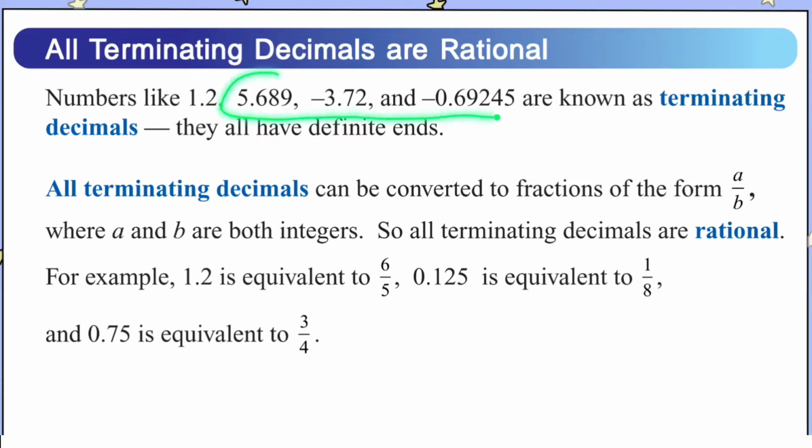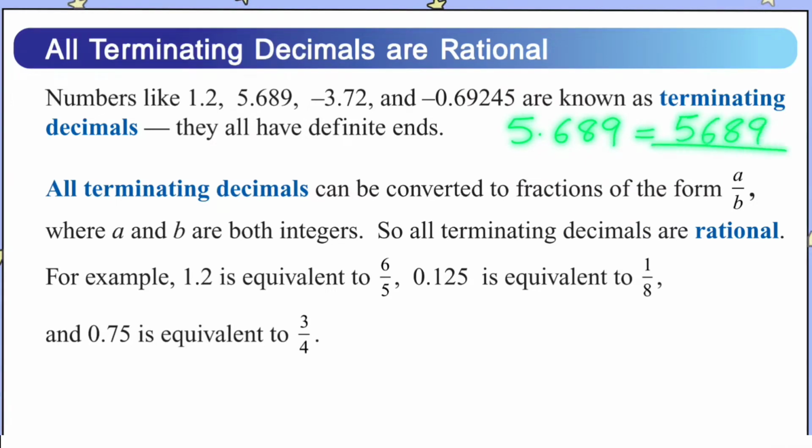The rest of these, even these complicated looking ones, can be converted easily to fractions by simply doing a similar thing. 5.689. How many times do we move this out? 3 times. 5.689 is equal to 5,689 over 3 zeros.